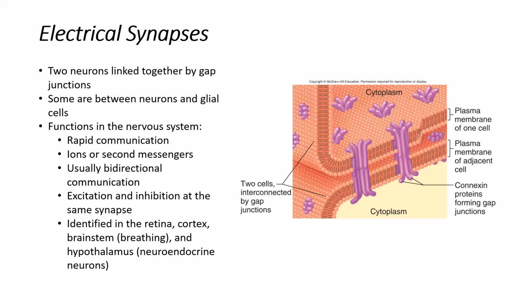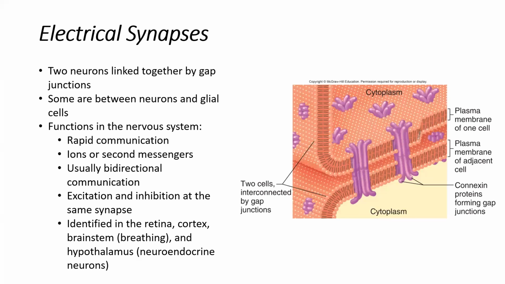Now, again, this is not well understood. In fact, we didn't really understand electrical synapses until very recently. They were thought to not exist at all, but we have identified them in parts of the retina, parts of the cortex, parts of the brainstem, especially the respiratory centers for breathing, and parts of the hypothalamus as well. In fact, they're really only localized in the developing brain.